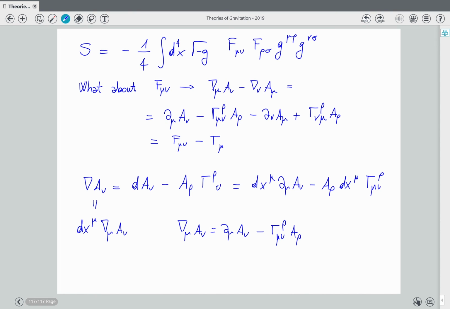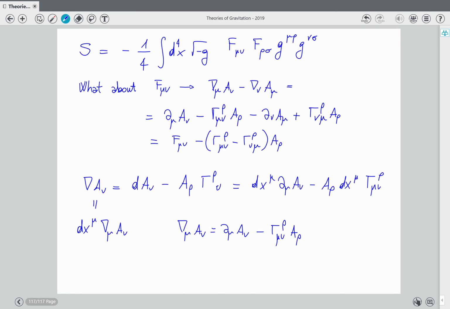The rest is the antisymmetric part of the Christoffel symbols. So the two things are equal if the torsion is 0. But they are not equal otherwise.